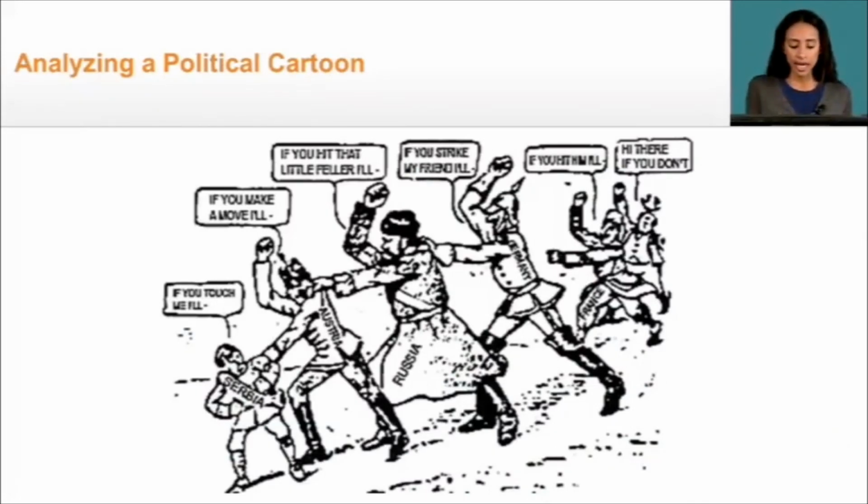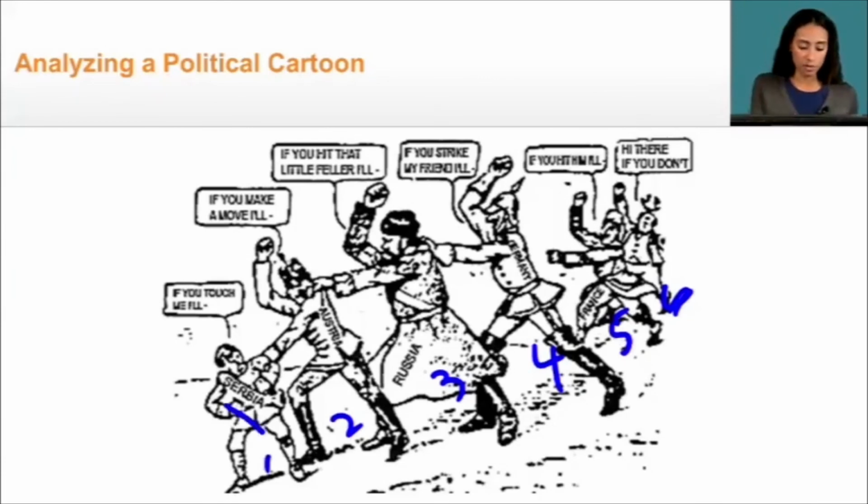So what you see are 6 men. And they all have their hands on each other's shoulders and their fists up, almost ready to attack the person in front of them. And these are supposed to represent some of the different countries that are involved in the conflict.